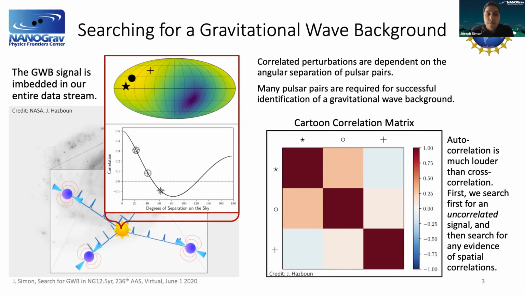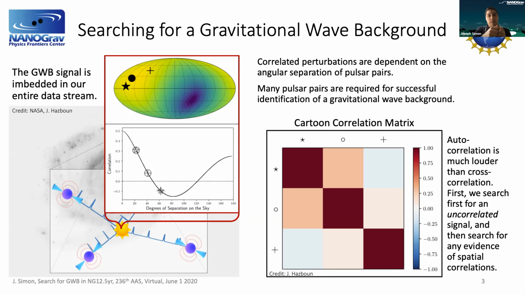What we're looking for are correlated perturbations between each pulsar. The quadrupolar nature of the gravitational wave background means that the correlation between each pulsar is just dependent upon its angular separation in the sky.